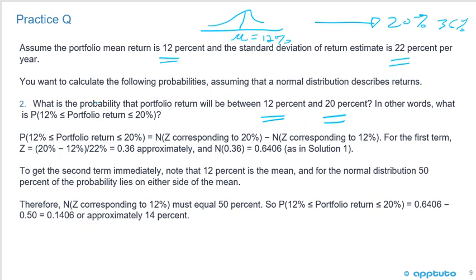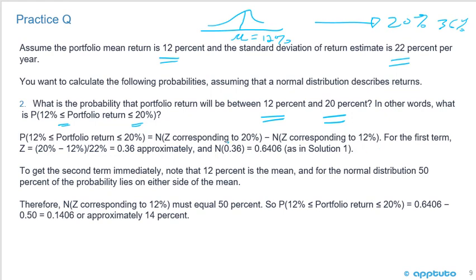In other words, what is the probability that the return is greater than or equal to 12% and less than or equal to 20%, okay? So we did the first part. What we're looking at here is the N of the z corresponding to 20%, minus the N of the z corresponding to 12%.